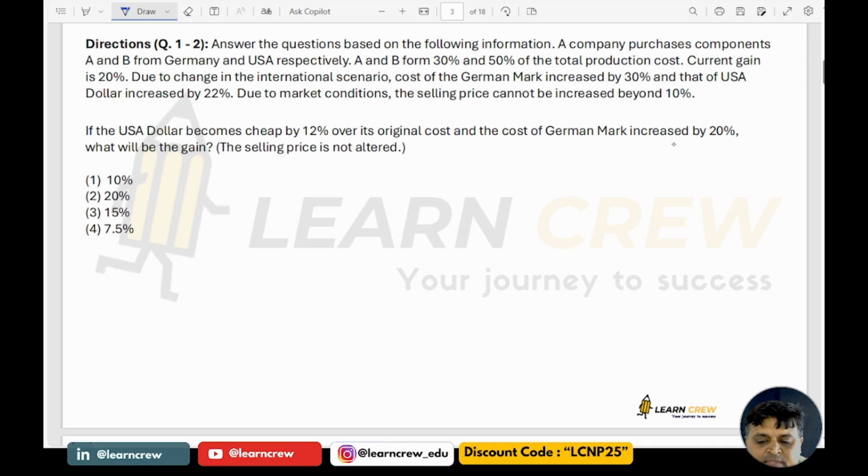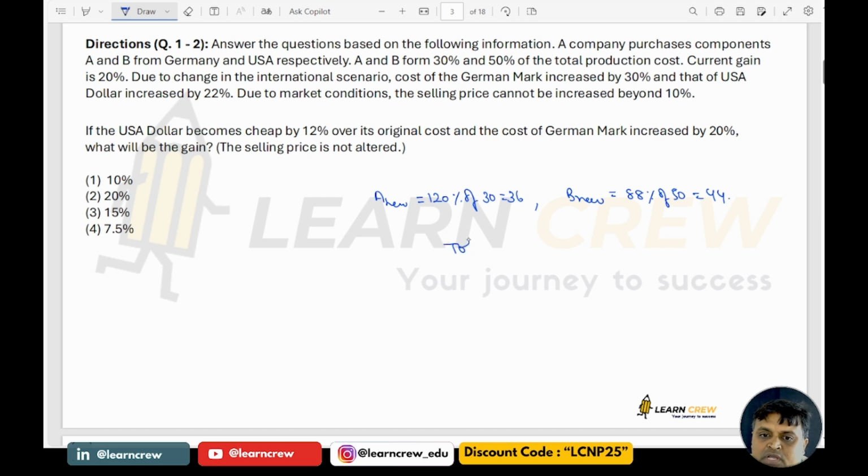So A new, it is increased by 20%. So 120% of 30, which is 36. Now B new decreased by 12%. So 88% of 50, which is 44.